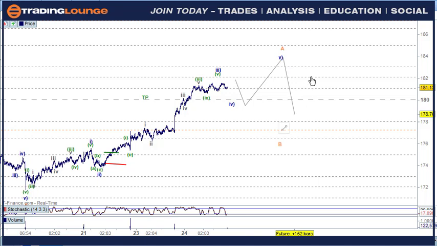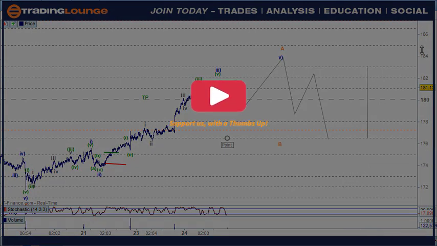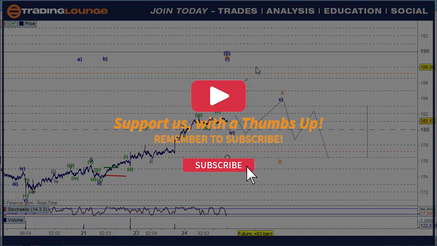Then there'll be a B wave here. This is 180, and this is the swing range in this space here. If you wanted to hold long, or you're in the market and you don't know what to do, you'd have to at least be prepared to hold it in that space, if you wanted to climb higher at that point.